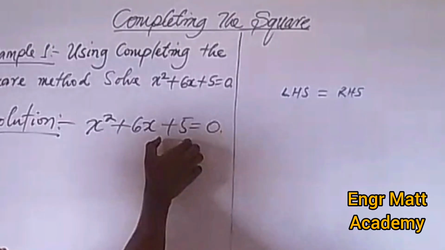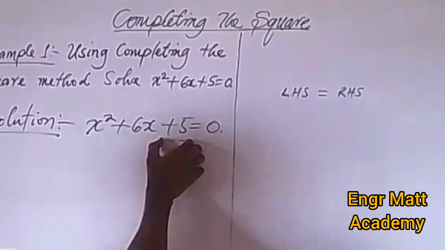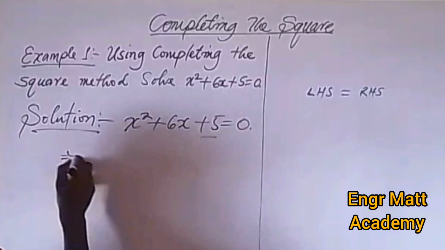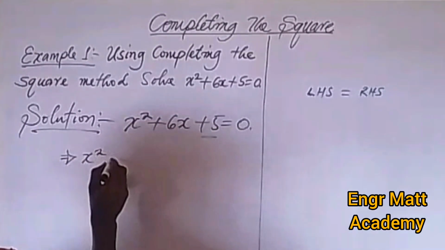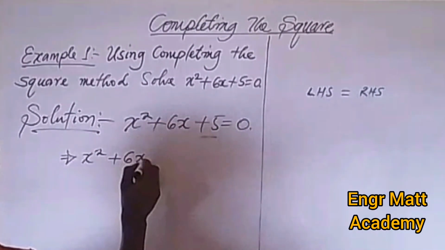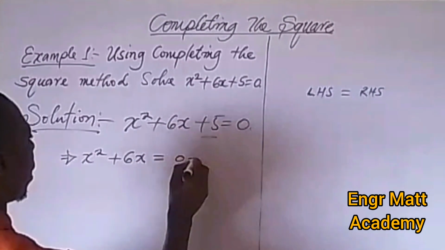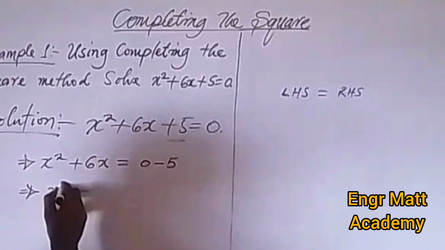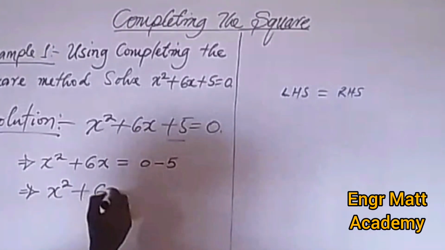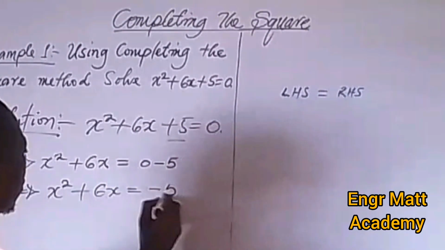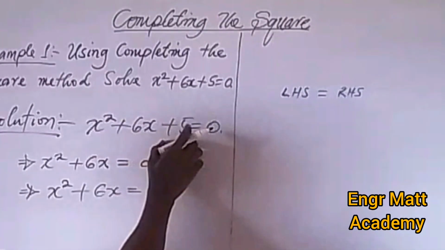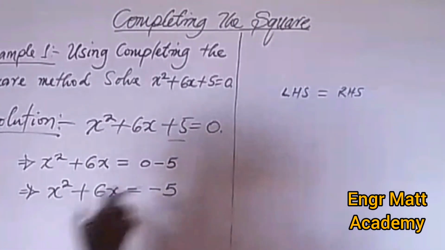So we need to move the constant plus 5 to the right hand side. So we have x squared plus 6x equal to 0 minus 5, and that gives us x squared plus 6x equal to minus 5.